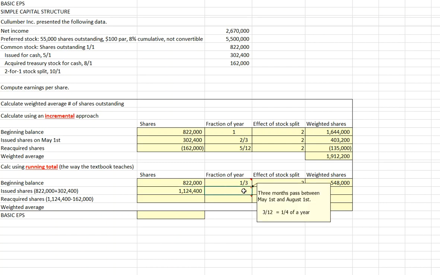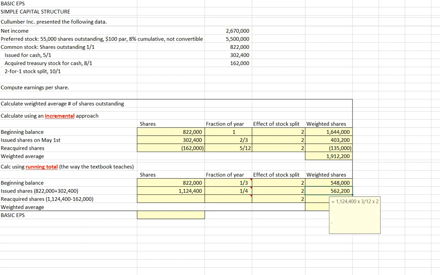So they've been outstanding 3 months, or 1/4 of a year. In terms of our weighted average shares calculation, we'll take the 1,124,000 shares that are outstanding 1/4 of the year, or 3 out of 12 months, and we'll multiply it by 2 to adjust for the 2-for-1 stock split.